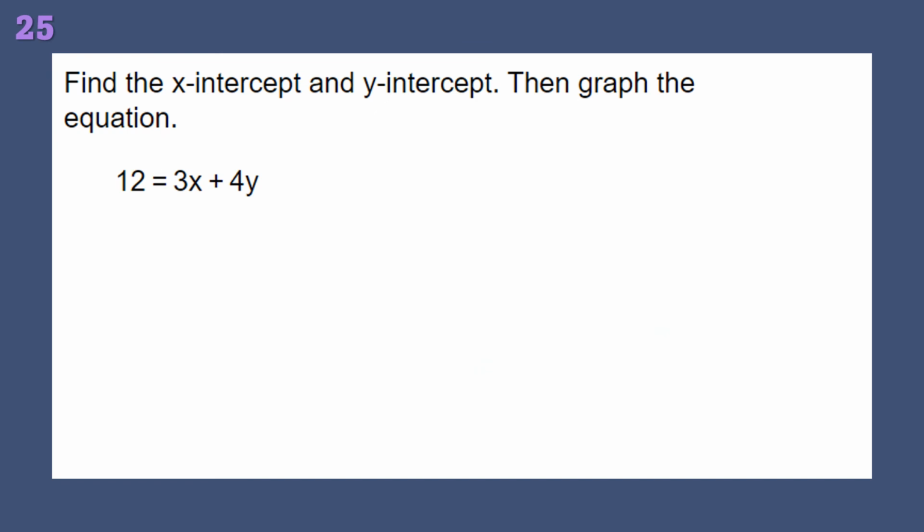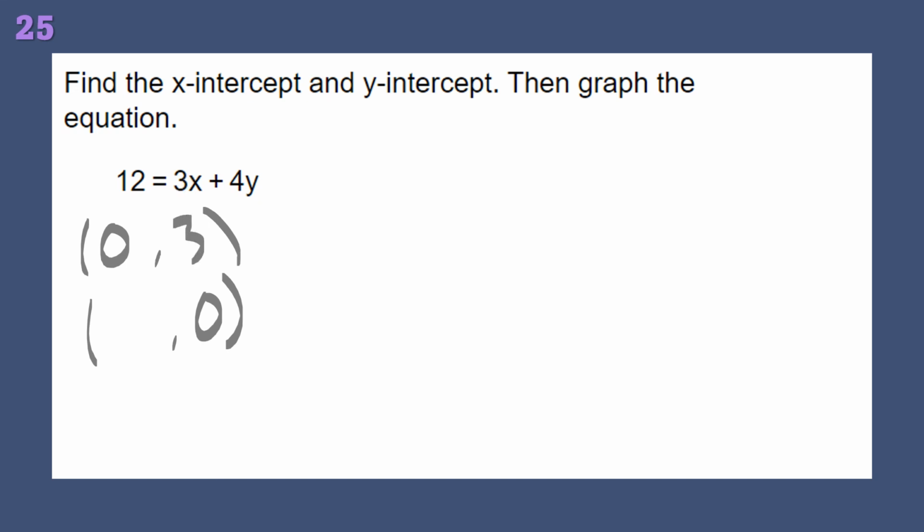Find the x-intercept and the y-intercept, and then graph the equation. To get started, we need to recognize that the x-intercept and the y-intercept occur when we have zeros for one of our two coordinates. So we plug in 0 for x and find out what y would be, and then plug in 0 for y. It's not too bad to find intercepts, because we plug in 0 and then we just get 4y equals 12, so y equals 3.